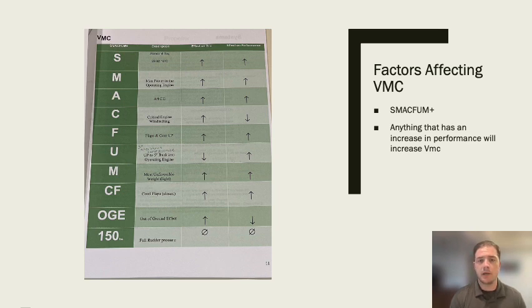If the engine's windmilling instead of being feathered properly, which would be done in the appropriate checklist, we're going to be creating a lot more drag on that dead engine. And lastly, the most unfavorable weight is going to be light. Again, that's going to increase the performance of the airplane, which is going to increase VMC. So anytime we're increasing VMC, this is bad. We just want to keep these factors in mind before every flight.